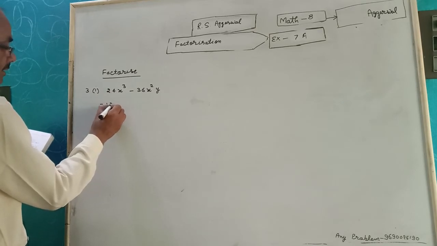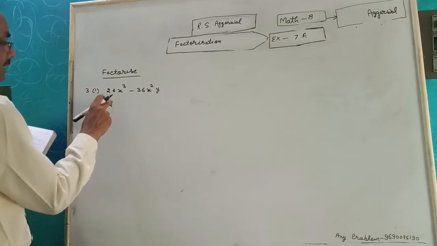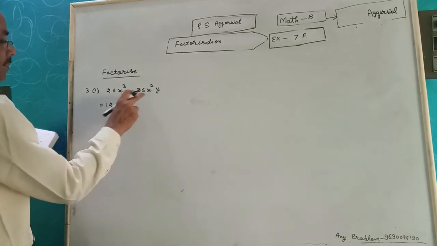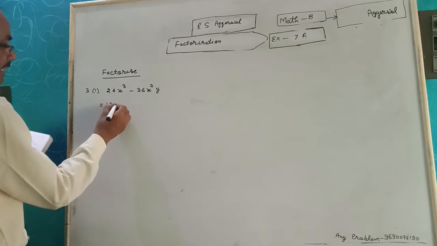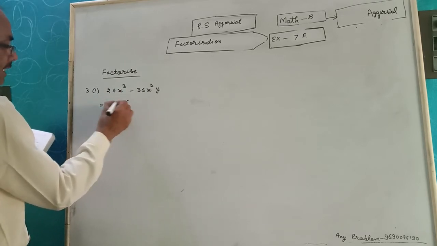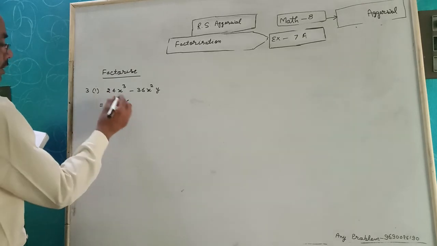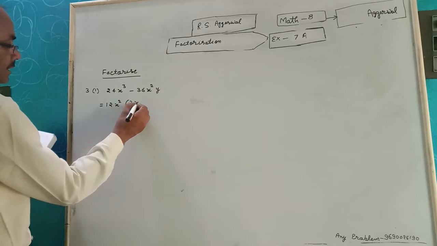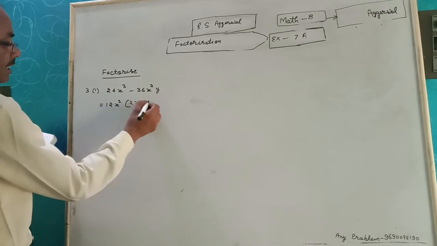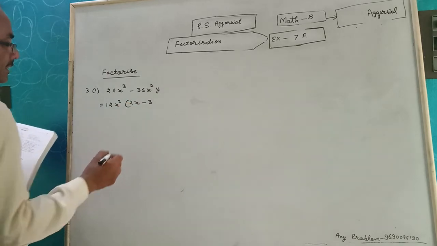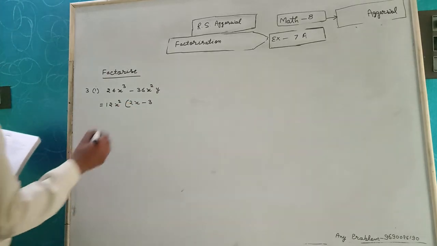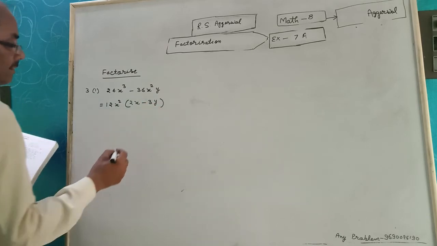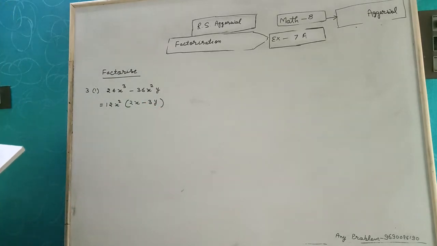HCF will be 12. From the variables x cube and x square, smaller is x square, so x square is common. After dividing, 24 divided by 12 is 2, x minus 36 divided by 12 is 3, and x square is common, y remains. First part is complete.